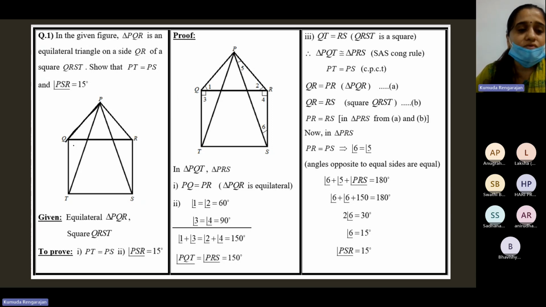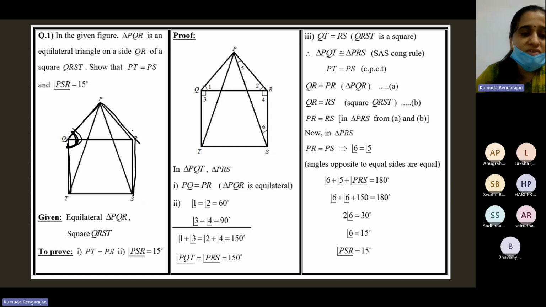So PQ of the first triangle is equal to PR of the second triangle because they are the sides of the equilateral triangle PQR. And then QT of the first triangle is equal to RS of the second triangle because they're the sides of the square and they're equal. And then this angle is 150 degrees.